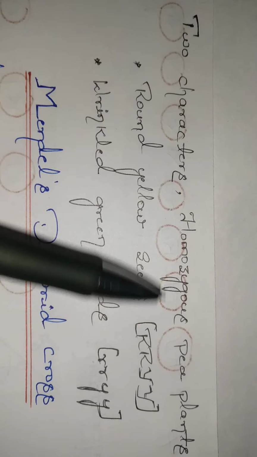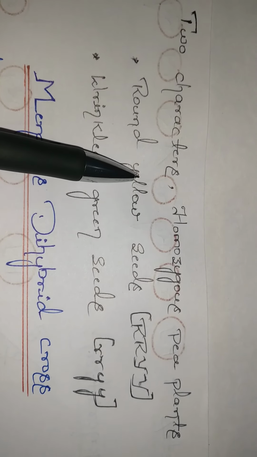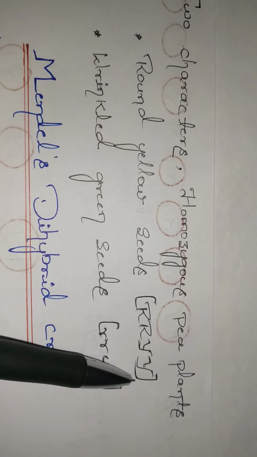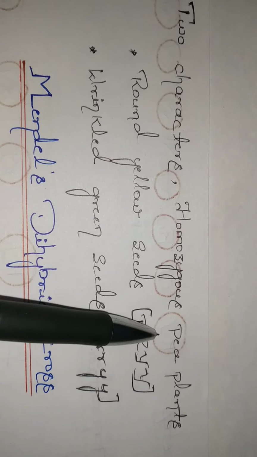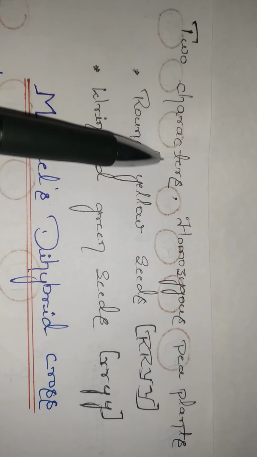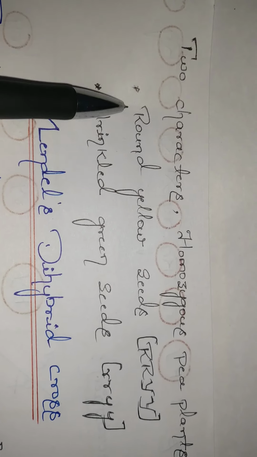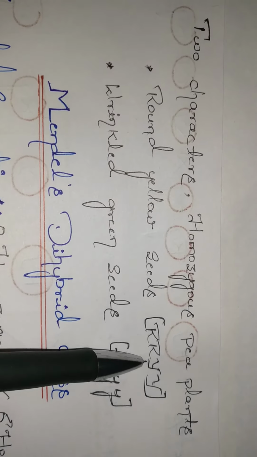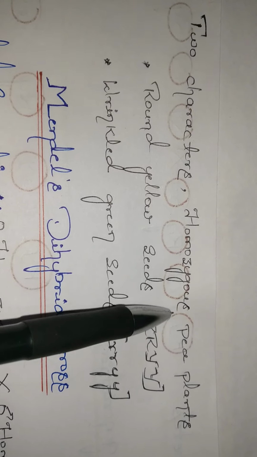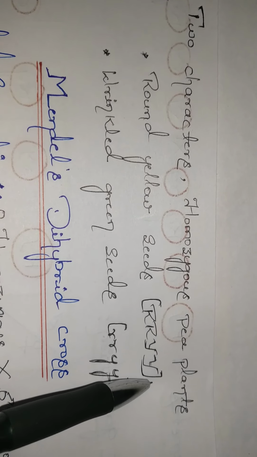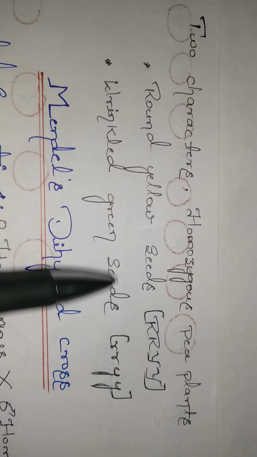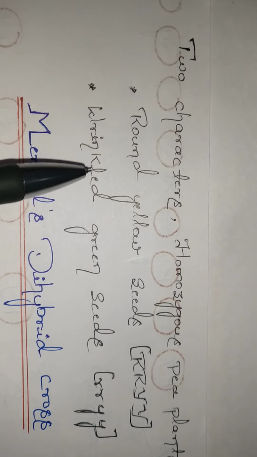Round is represented as capital R, capital R, and yellow as capital Y, capital Y, such that this round yellow character is going to play as the dominant character. So this will be the homozygous male plant selected for the dihybrid cross.